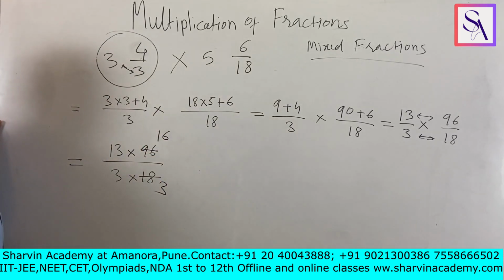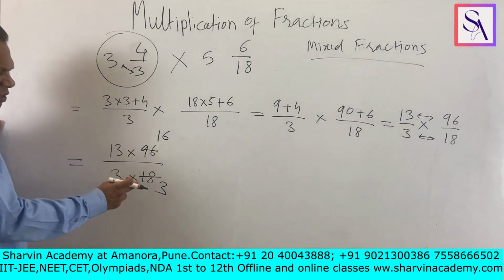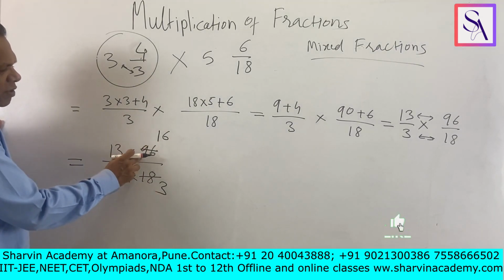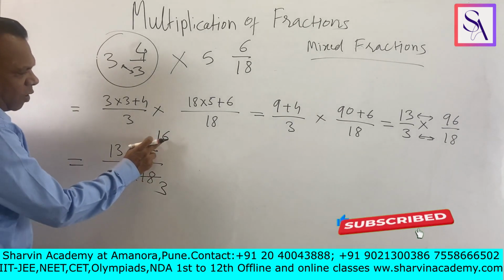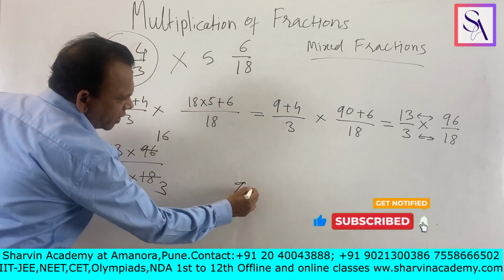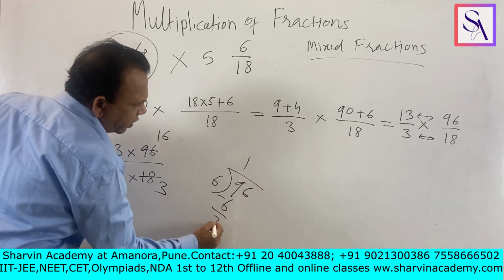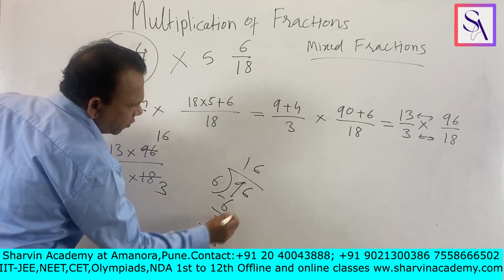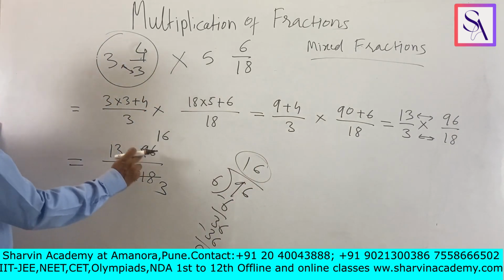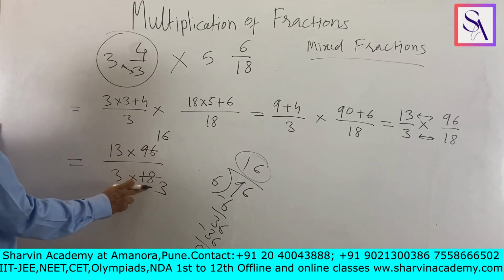If you don't understand how I got 16, 96 divided by 6: 6 1s are 6, 6 6s are 36. See, I got 16. So I can divide this 96 by 6 and 18 by 6.